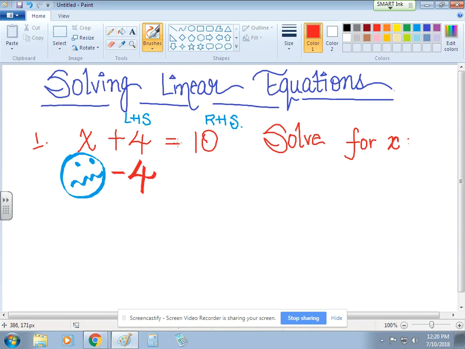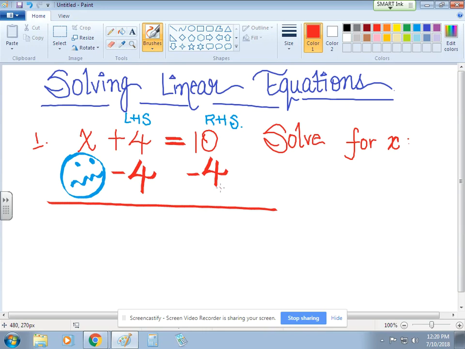Always remember, it is an equation. Why is it an equation? It has an equal to sign here. So what we do with the negative on this side, the left hand side, we do also on the right hand side of the equation. Does that make sense to you? So see, I'm doing plus 4, negative 4.